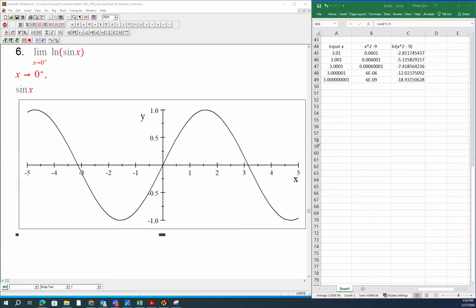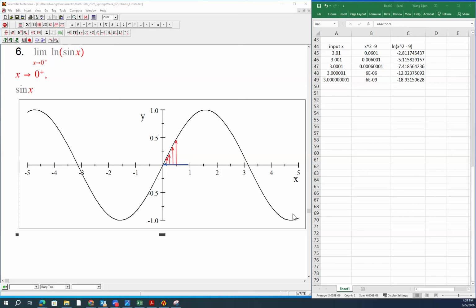It means x is approaching 0 from larger than 0, the blue. And the outputs are above, so the outputs are positive. As we approach 0 from larger than 0, the sine is getting closer and closer to 0, but they are all larger than 0. So you see that process.